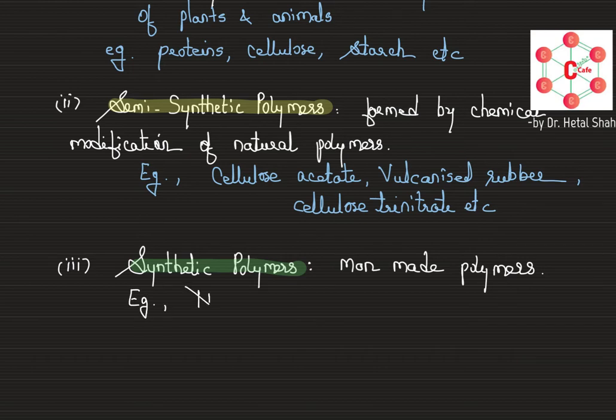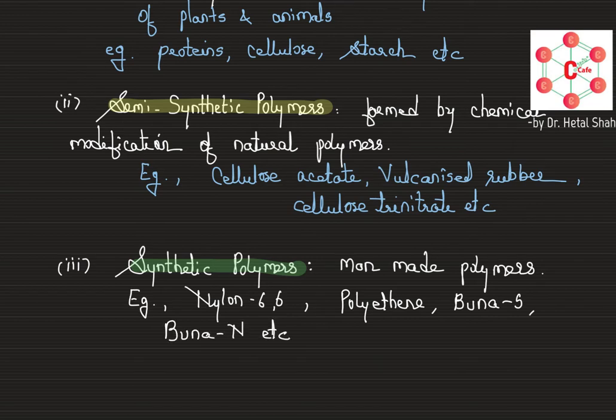You have nylon 6,6, we've already done this. Then we have polyethylene, which you all know. Then there is something called Buna S. Then you have Buna N, etc. These are out and out man-made polymers.